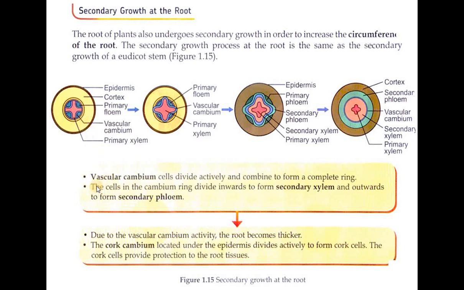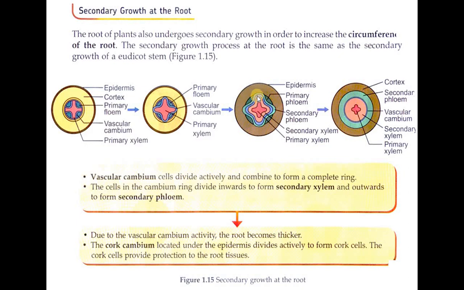First, vascular cambium cells divide actively and combine to form a complete ring. As we can see here, the vascular cambium divides actively and forms a complete ring. The cells in the cambium ring divide inwards to form secondary xylem and outwards to form secondary phloem.